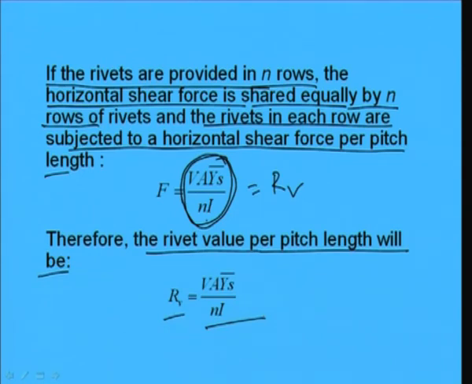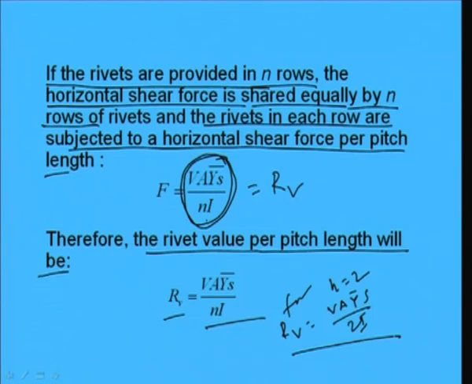Now, if number of rows is 2, we can write RV is equal to V A y bar S by 2I. If number is 1, then simply I. So, it depends on that. For n is equal to 2, RV can be written like this. So, in this way the rivet value per pitch length can be found out.